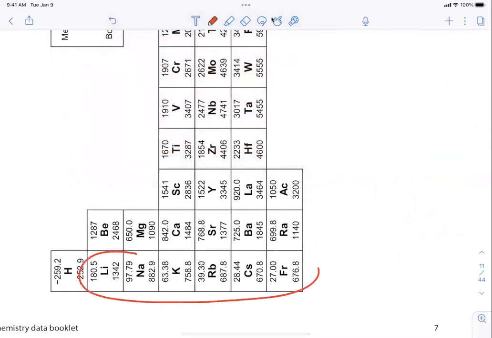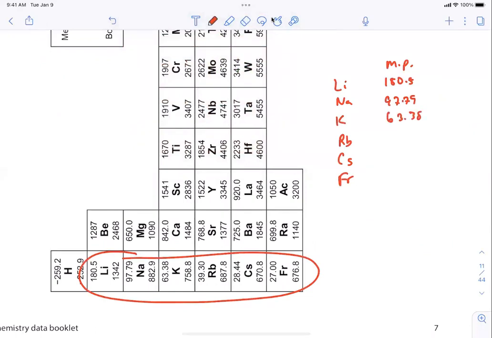If we look at these right here, okay, and we can look at the melting points of these metals like lithium, sodium, potassium, rubidium, cesium, and francium, the melting points, it's 180.5, 97.79, 63.38, 39.30, 28.44, and 27.00. It's decreasing as it's going down.